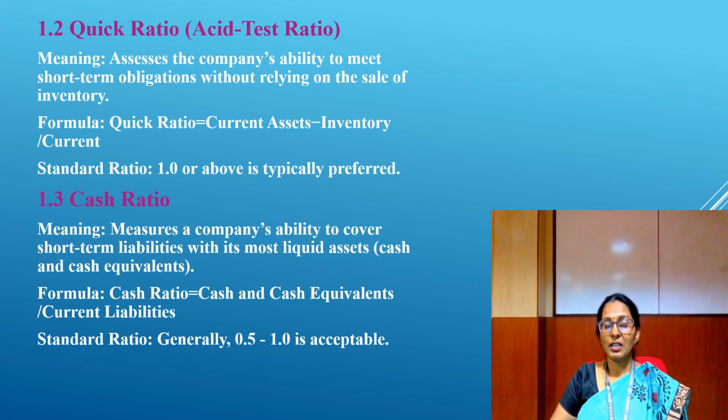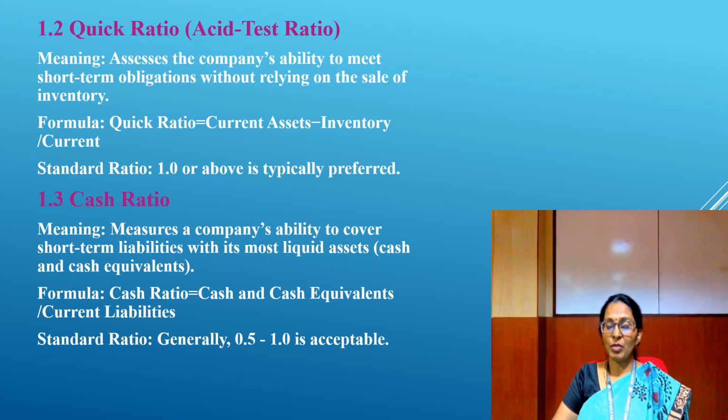Here the liquid assets are nothing but the current assets where we exclude the inventory and the prepaid expenses. Why do we exclude inventory? Because inventory cannot be converted into cash as fast as other current assets. And many times, if we sell our raw material in case of emergencies, we may not get the price we paid for it.